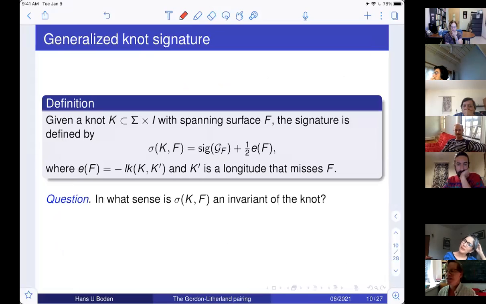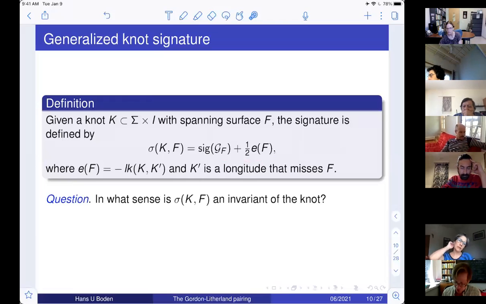So the generalized knot signature for a knot with a spanning surface F is defined completely analogously to the formula of Gordon and Litherland. Namely, you take the signature of this symmetric integral pairing, and you add to it a correction term given by 1/2 the Euler number, which is defined entirely analogously using this slightly different notion of linking.